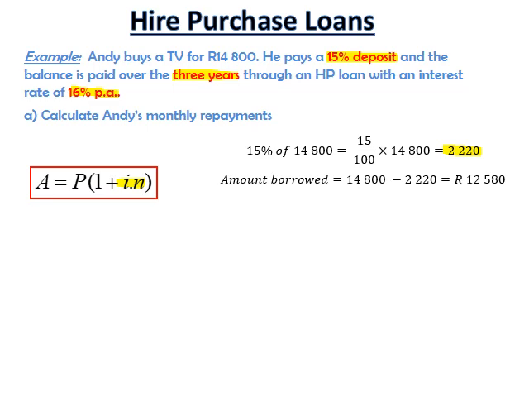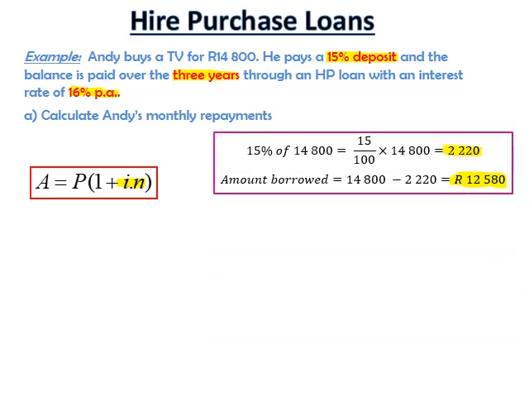So the reduced amount, 14,800 minus 2,220, is how much you are going to borrow from whatever financial institute or financial services provider. I'm sure you've heard that term a lot on radio adverts. That is the amount you're going to borrow, and hence that's the amount you're going to use as your P value in this formula.